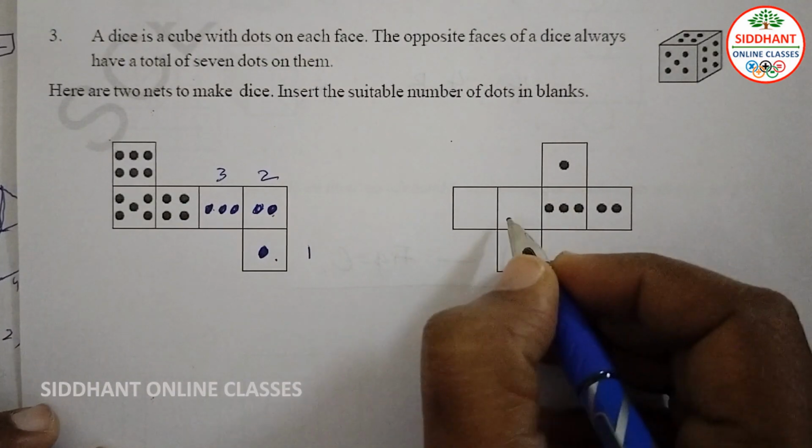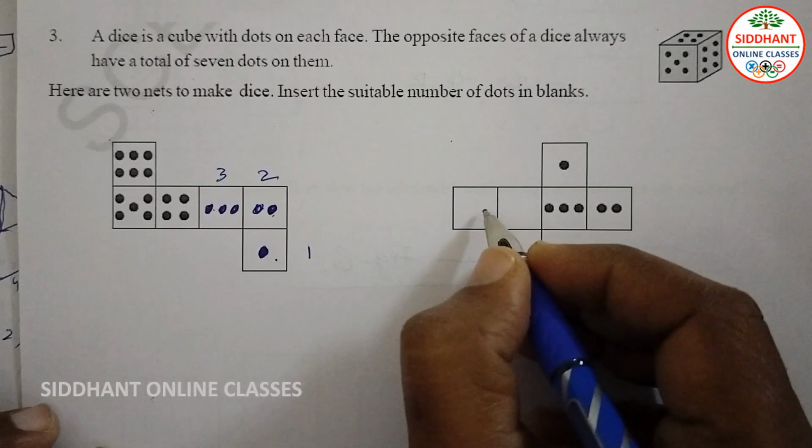Now the second one. Here 1, here 2, here 3, and here on the left side it will be 4 and 5, and the bottom will be 6.